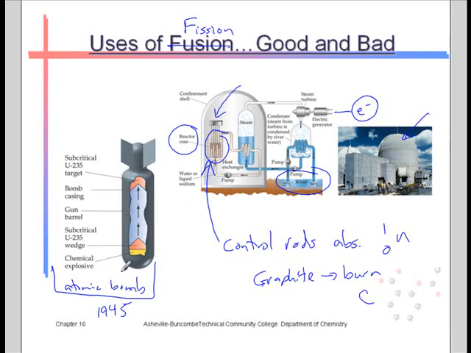Now, to get one of these atomic weapons to actually reach that critical mass, you have a conventional chemical explosive on one end of the bomb. My understanding is that when it's detonated, the two portions of the uranium slam together and then the explosion is set off, or maybe vice versa.